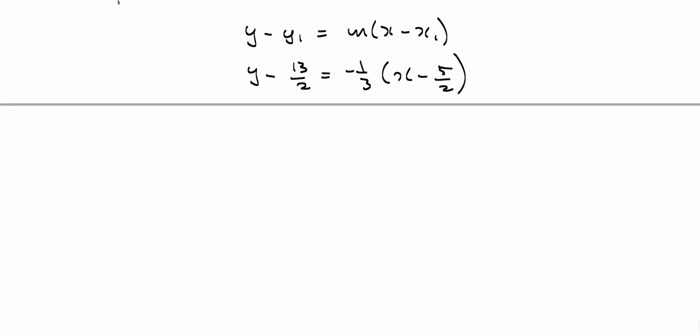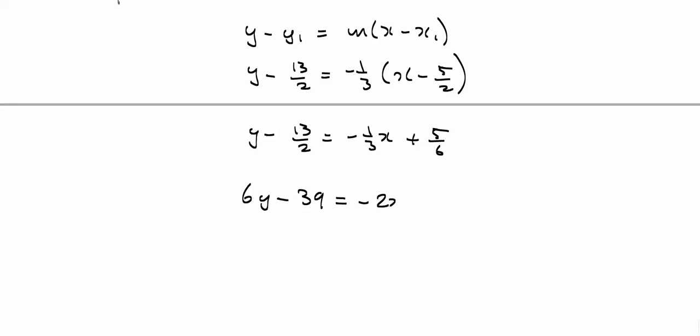Simplifying that, y minus 13 over 2 is minus a third x plus 5/6. If we multiply by 6, we'll have integer coefficients. 6y minus 39 equals minus 2x plus 5.